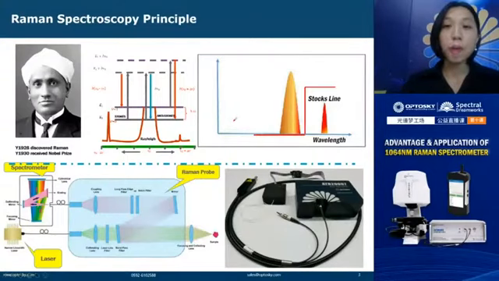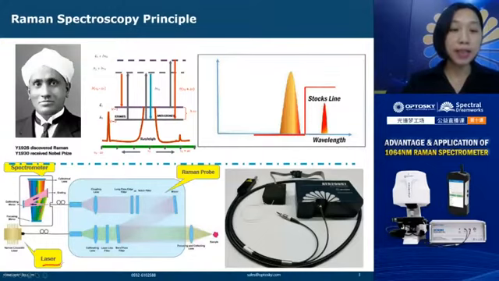Firstly, we use the long pass filters to filter the Rayleigh scattering, and we leave the Stokes lines for analysis. Every Raman spectrometer is composed of 3 components. Firstly is the narrow linewidth laser, secondly the spectrometer, and the third one is the Raman probe.